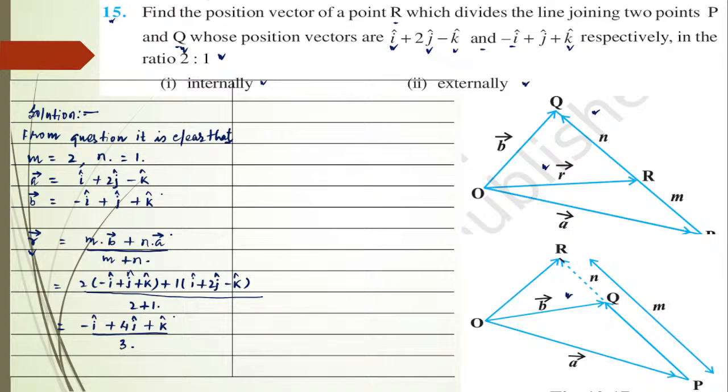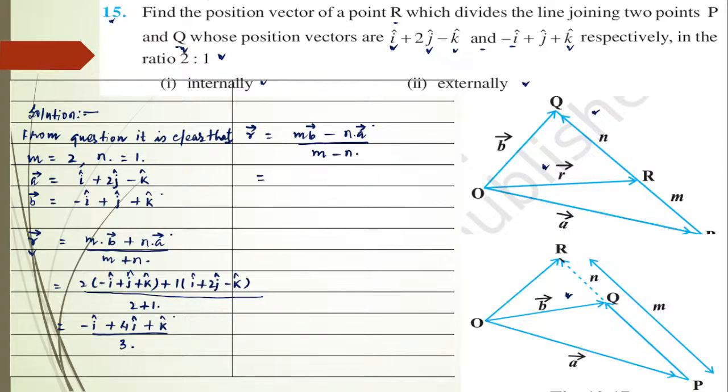This figure represents the external division. In the external division, we recall the formula m into vector b minus n into vector a by m minus n.